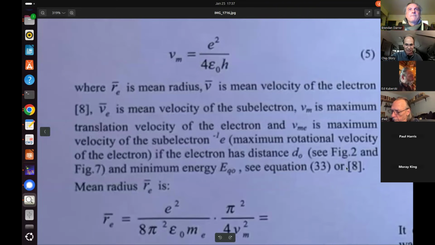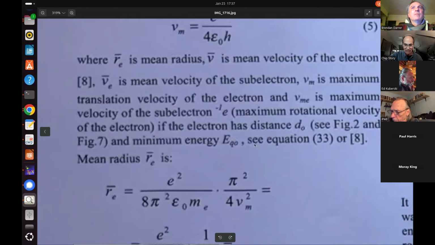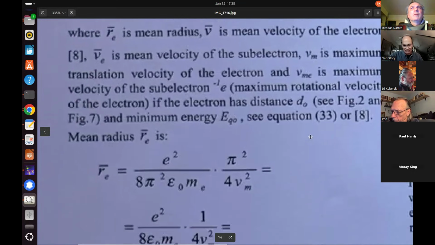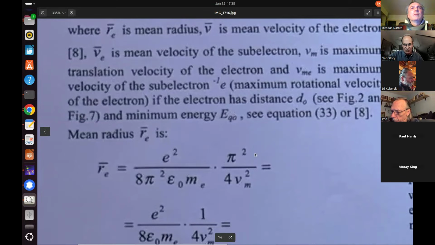That's important. Yes, the mean velocity of the electron. V being the mean velocity of the subelectron, and Vm is the maximum translation velocity of the electron. VME is the maximum velocity of the subelectron, which is the maximum rotational velocity of the electron.